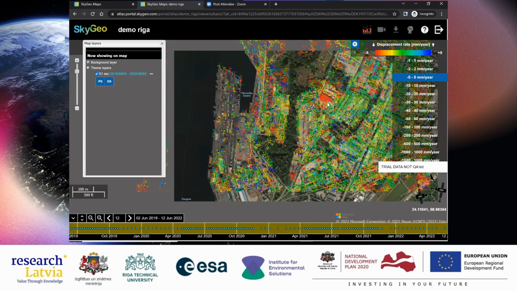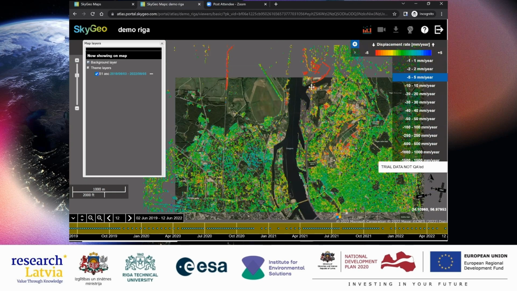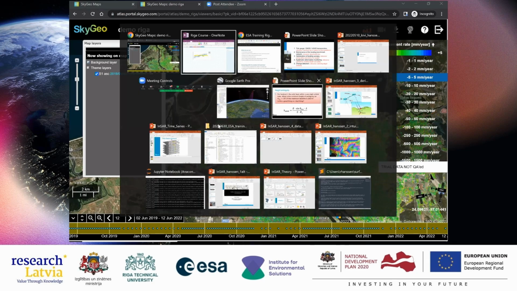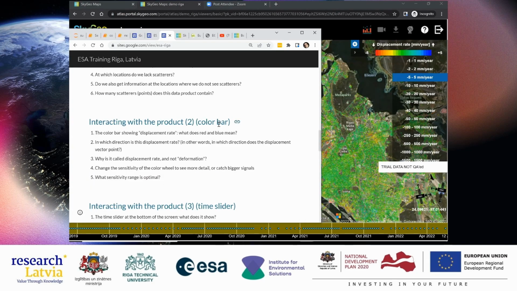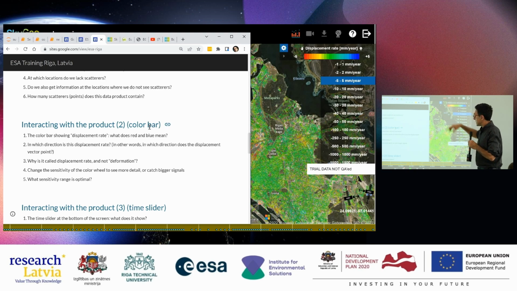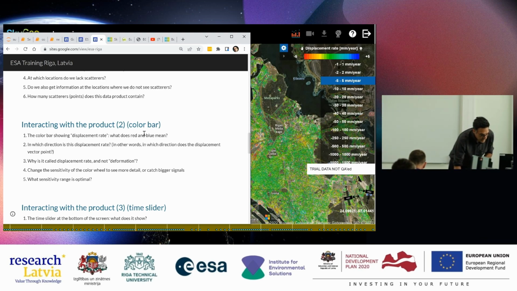Any other comments on this? We could have a look at the questions again. I think most of the things I just discussed now. We have the displacement rate, red and blue, the direction of displacement, towards the satellite or away from the satellite, and changing the sensitivity of the color wheel, which depends on what you want to see, obviously.